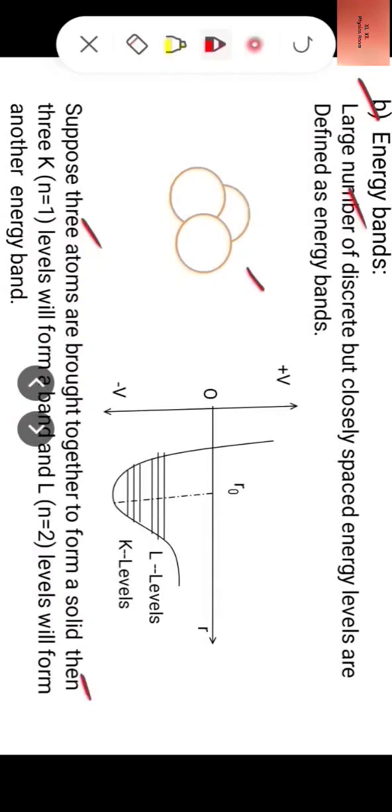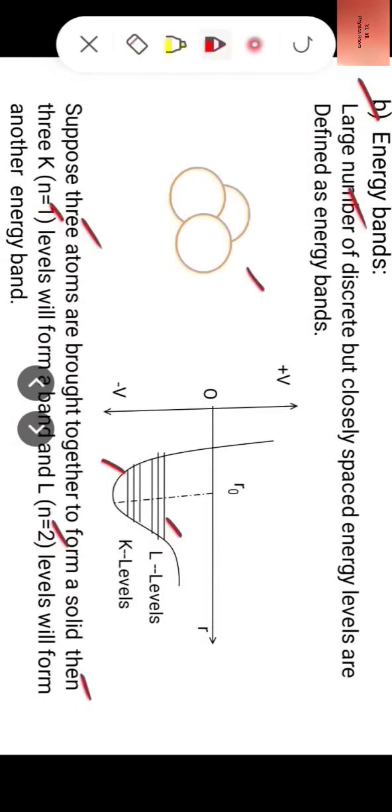Then 3 K levels corresponding to n equal to 1 will form band, and L levels corresponding to n equal to 2 will form another energy band. So this is energy band corresponding to K levels, and this is energy band corresponding to L levels. Okay. This is how we develop the concept of energy bands.